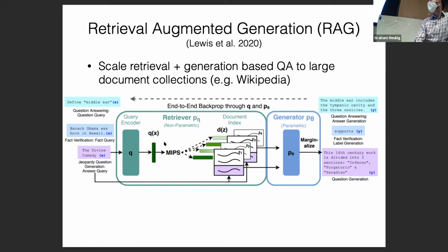That gives you a whole bunch of documents. Then based on the documents, you make predictions over the output. Each of the documents has a probability, and then you marginalize over the probabilities of the outputs given all of these documents to generate the final answer. And this can also be used for other things like fact verification, et cetera.